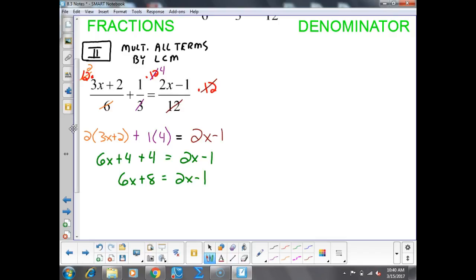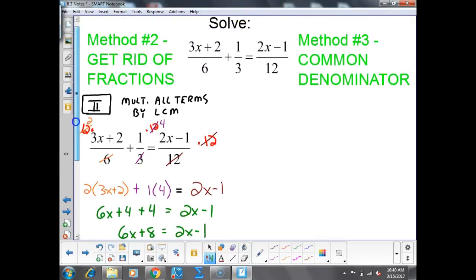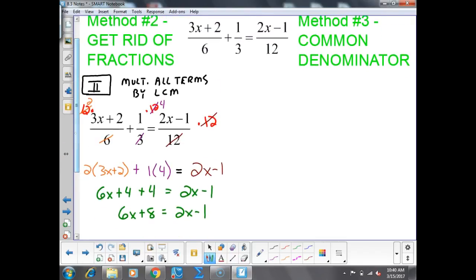And I'm going to show you method number 3. Method number 3 says I need to get it in common denominator form. So what is my common denominator between 6, 3, and 12? 12 is my common denominator.